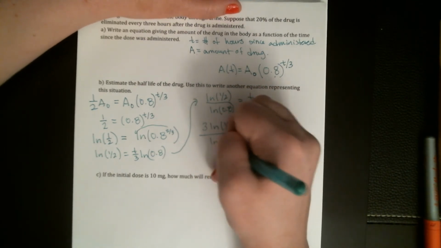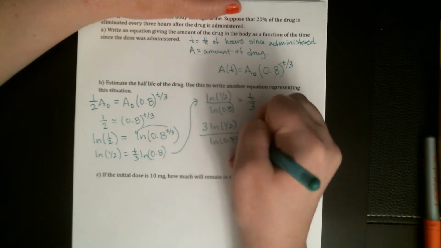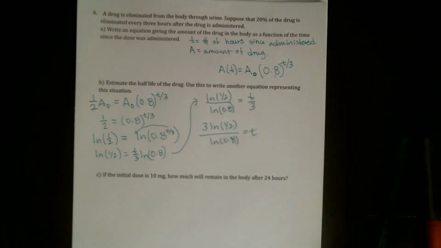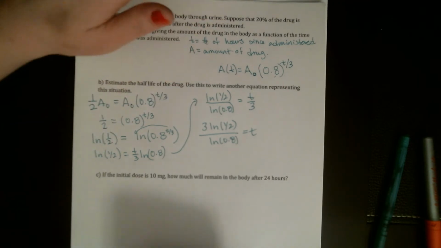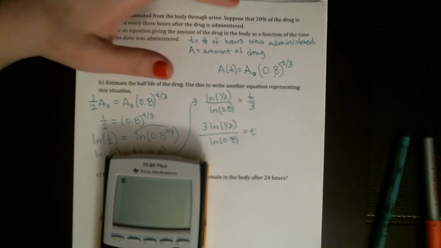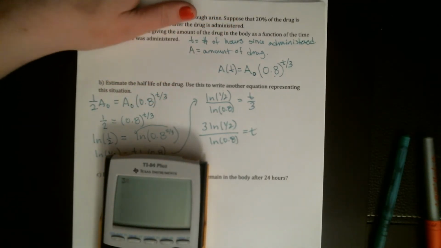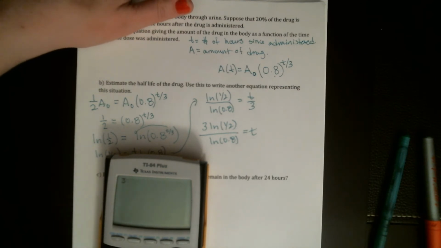Okay, and then I would like to get an approximate answer from my calculator. That is an exact answer, but for word problems, I'd always like us to think about the kind of answer that's going to be most useful for somebody who would ask this question. And I would say that most people probably would want a decimal approximation here.